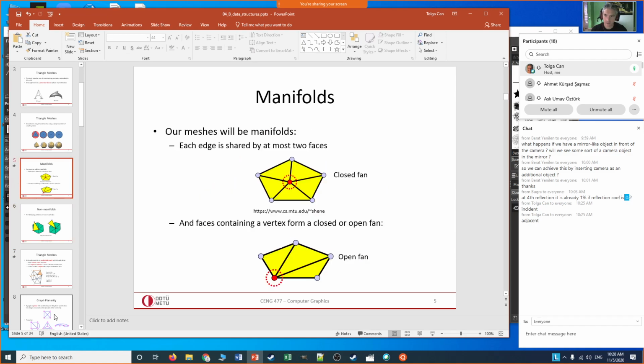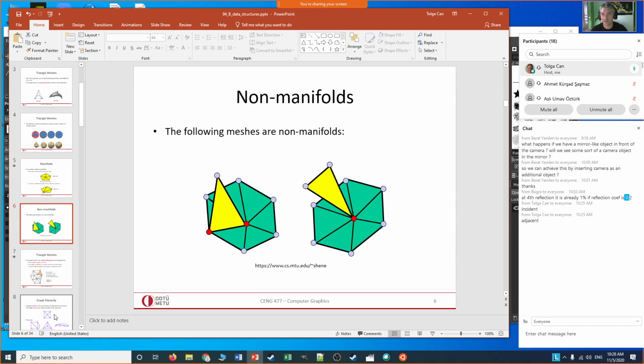All right, I think it's a good point now. To understand what are not manifolds, it's good to look at some counterexamples. If you look at this shape, an edge is incident on 3 faces. If you look at this edge here, right under the mouse pointer, it's incident on this face, and this face, 3 faces. So this is not a manifold.